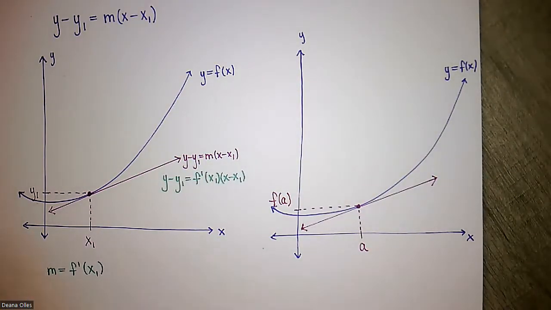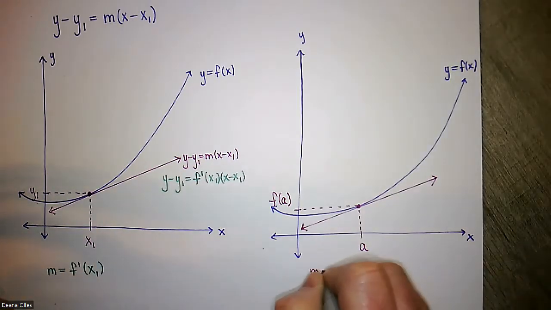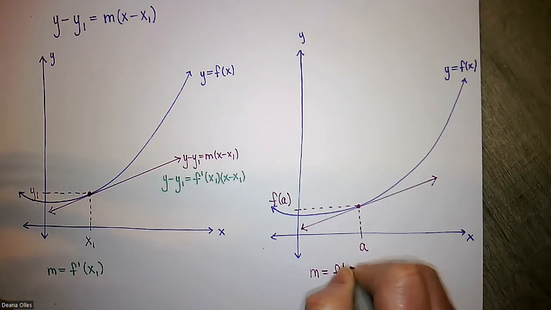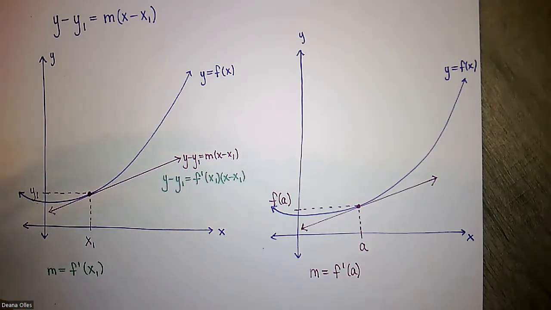And then I could also say that the slope of the tangent line here is the derivative of the function evaluated at a. So there's actually nothing different about what I'm doing here other than the formatting, the language that I'm using. Instead of x1, y1, I'm using a, f of a. Instead of m, I'm using the derivative. But other than that, there's no difference.